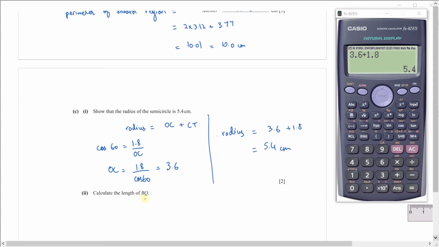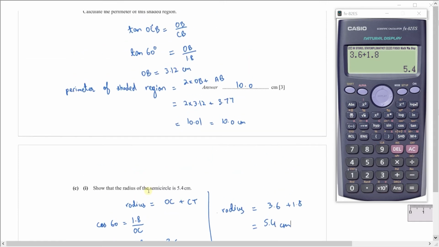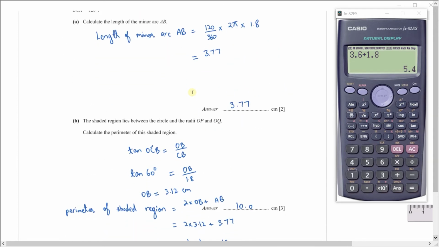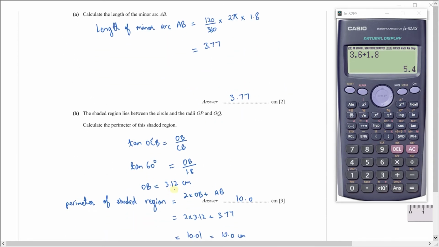The next part is to calculate the length BQ. So length BQ is this one here. We know that this full length OQ is the radius, which is 5.4. And we have calculated OB previously, which was 3.12.